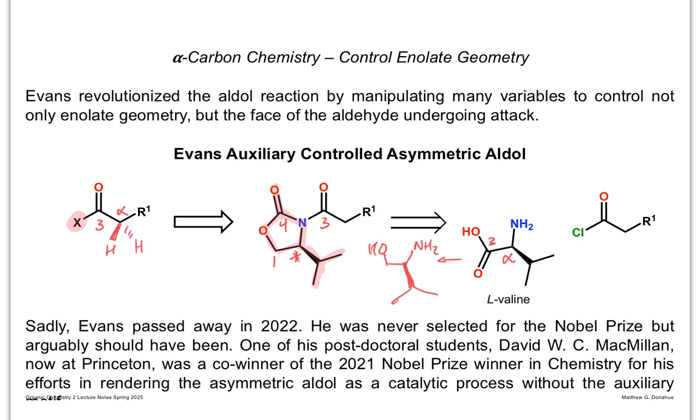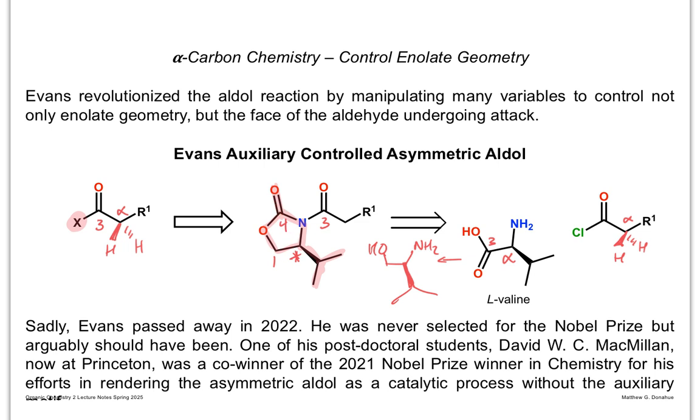So you can take whatever you want to do the substitution of the alpha carbon or the aldol. So that acid chloride plus the amine gets you your amide bond, and then you link that back with the OH, and that's called an auxiliary.